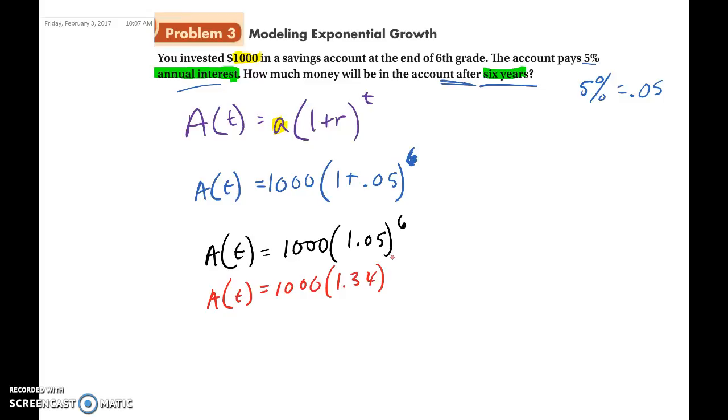So then the amount of money that you will have after 6 years is approximately, let's say approximately, because we round it here, $1,340. So that's how much money you'll approximately have at the end of your investment after 6 years.